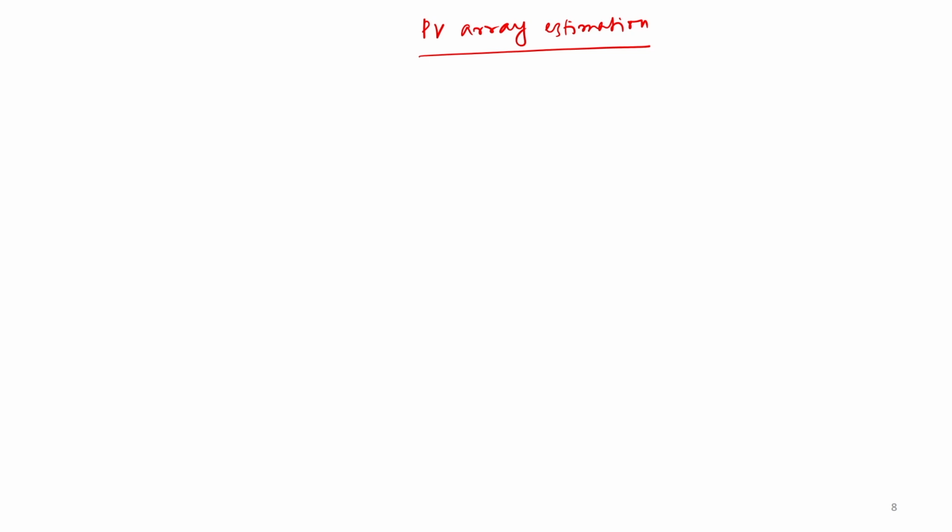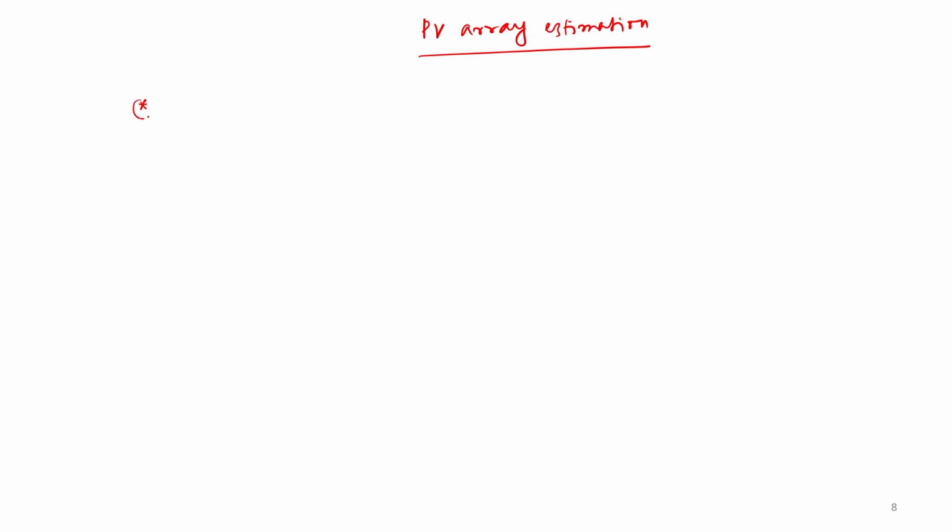For this, we need to consider the minimum amount of solar radiation available, that is, the month with the minimum solar radiation, and the daily load. So, we are considering the month December.